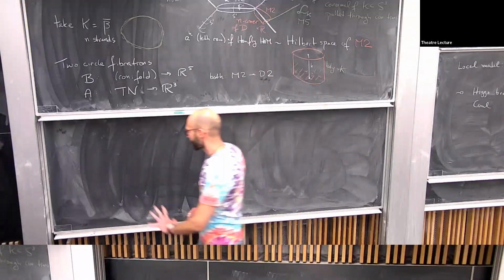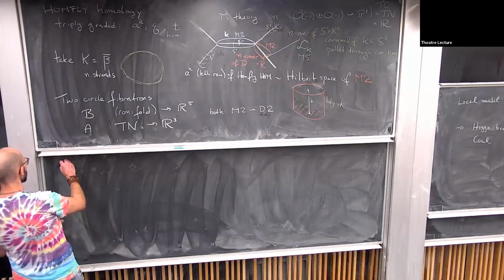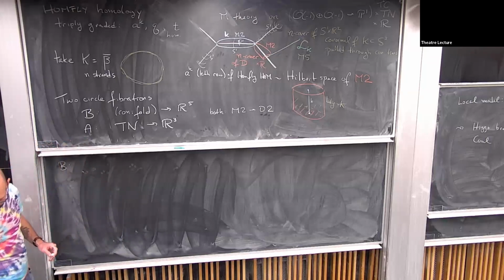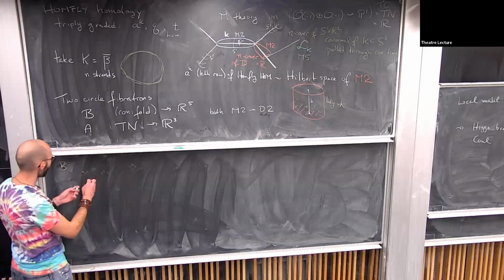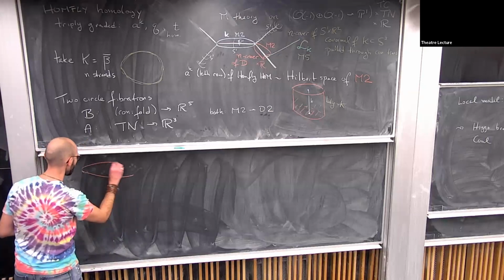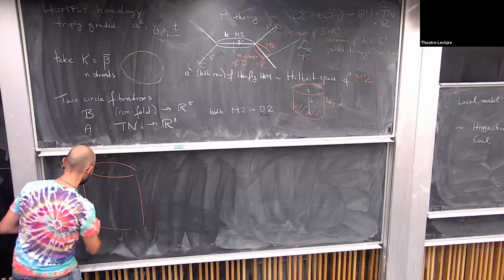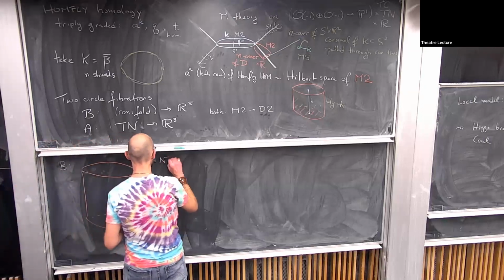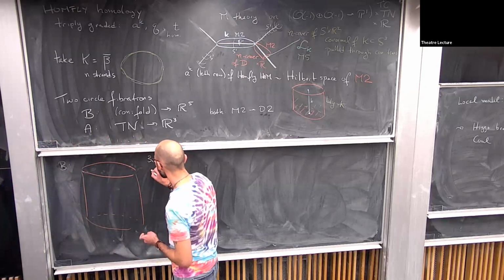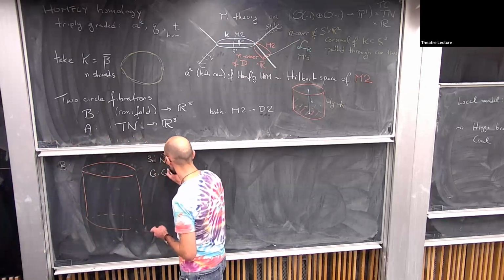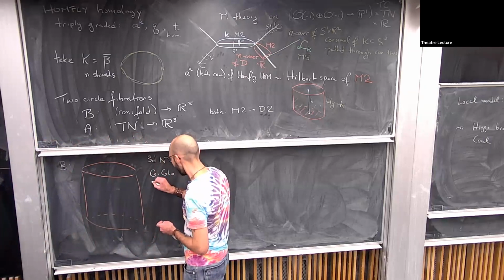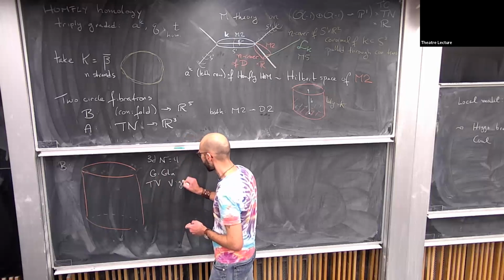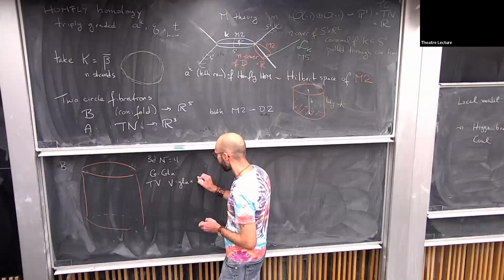So the B reduction lands us in 3D N=4 gauge theories, a theory with gauge group GL N and representation T*V, with adjoint times fundamental.